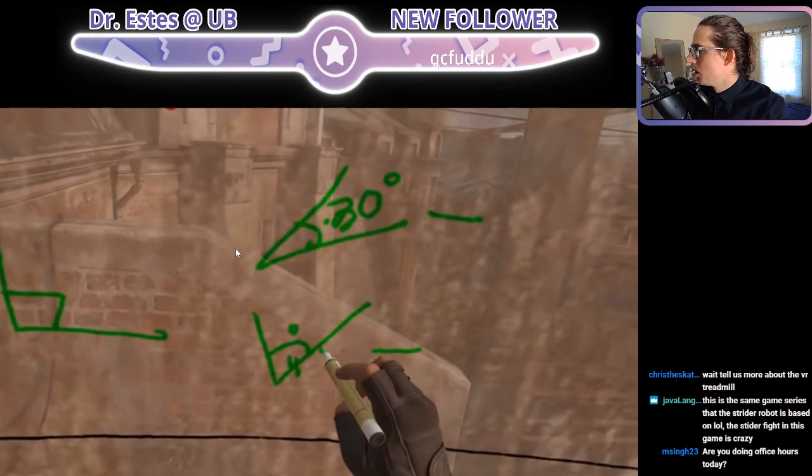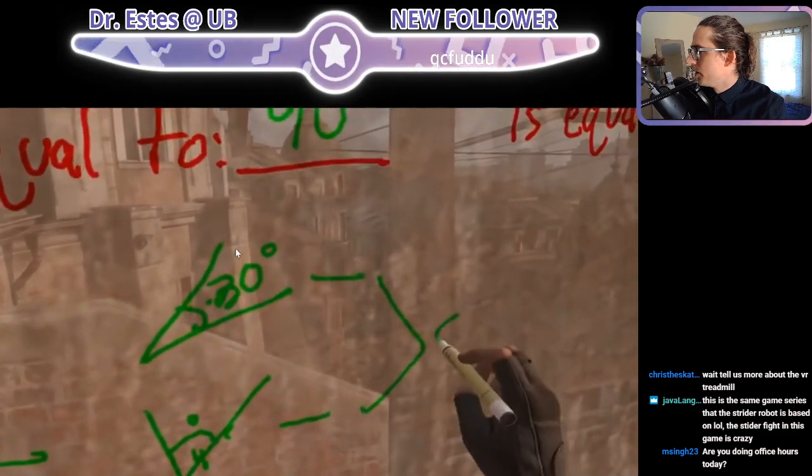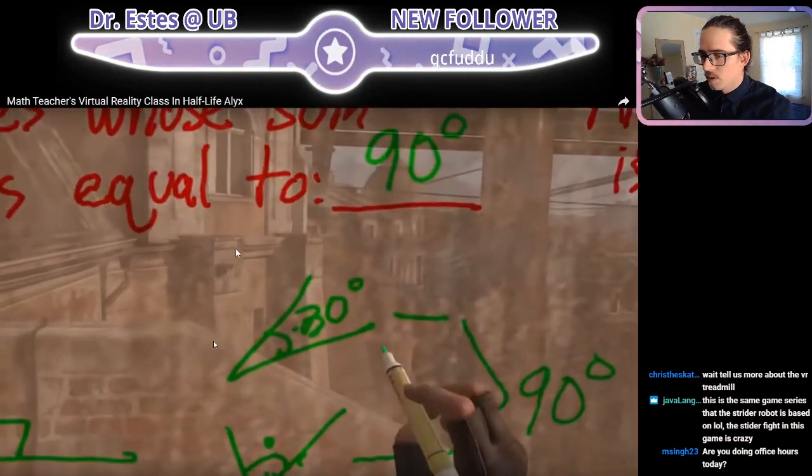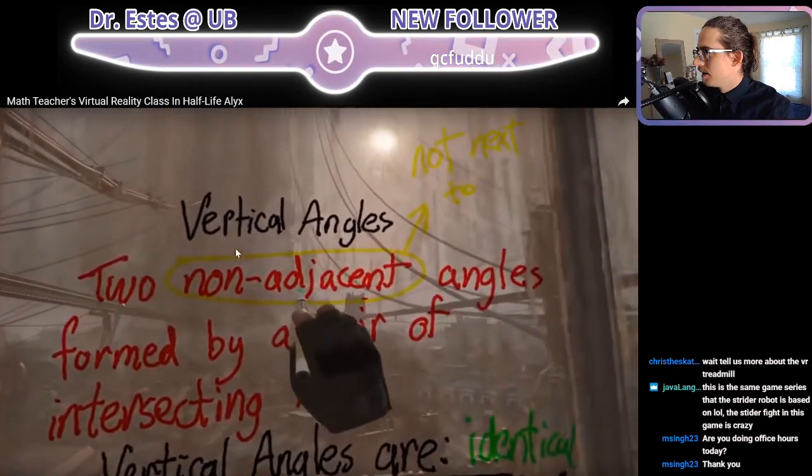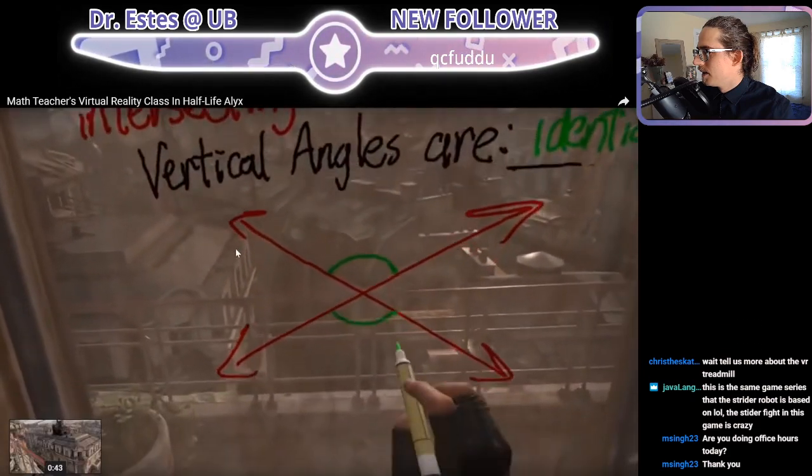This angle plus this angle are gonna equal 90 degrees, just because we know what the word means, because again, they are non-adjacent, they are not next to each other, right?